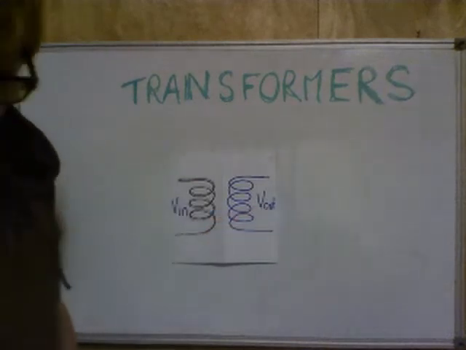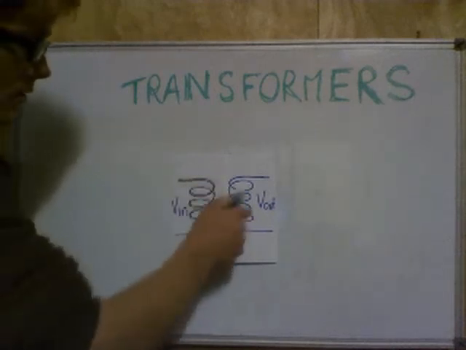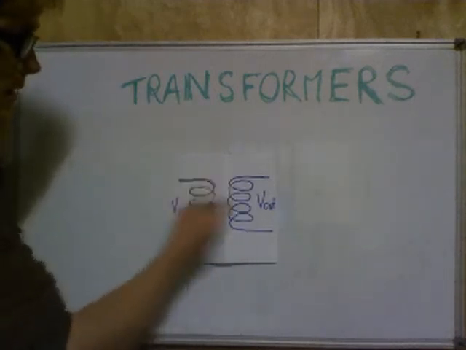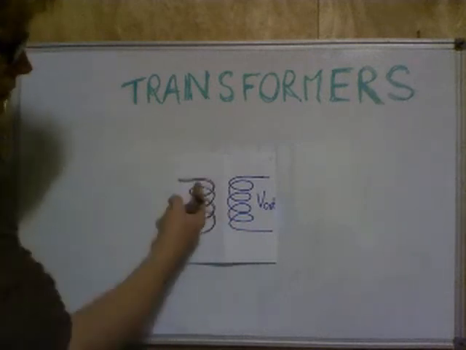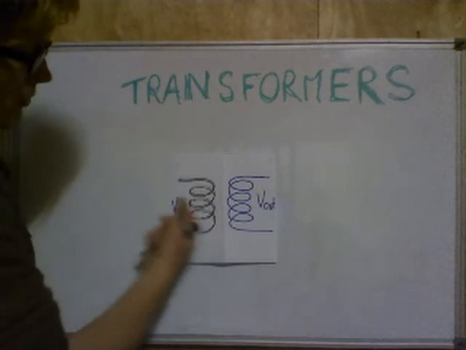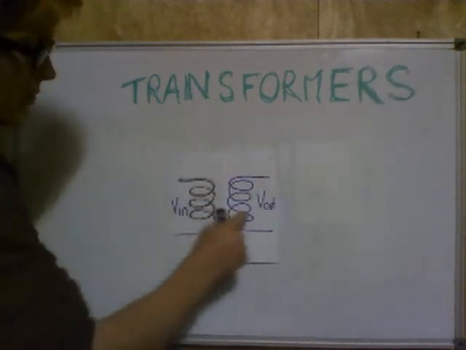Well, if we think about what things we could possibly vary about each of these coils, the main thing that we can vary is how many times we wrap that piece of wire around the metal core. And actually it turns out that it's the relationship between the number of wraps on this side and the number of wraps on this side that determines the relationship between V in and V out.